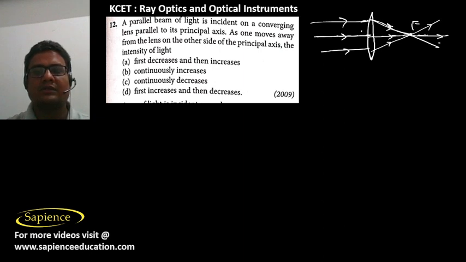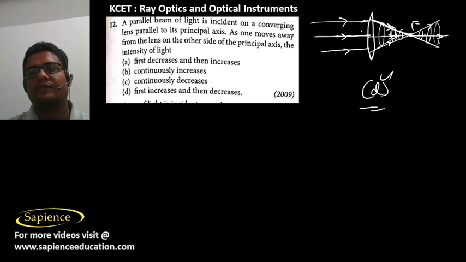So it means that first the intensity will keep on increasing and then it will decrease. So option D is the correct answer. Since all the rays will be confined to a lesser area, when the area decreases, the intensity will increase, and then again the area will increase, so the intensity will decrease.